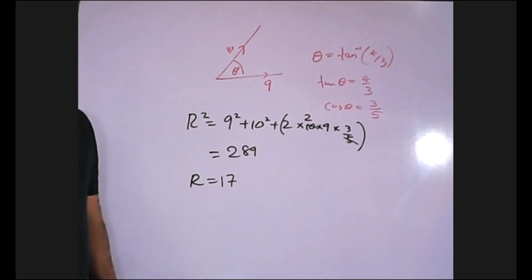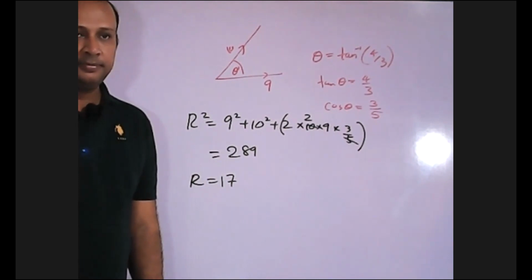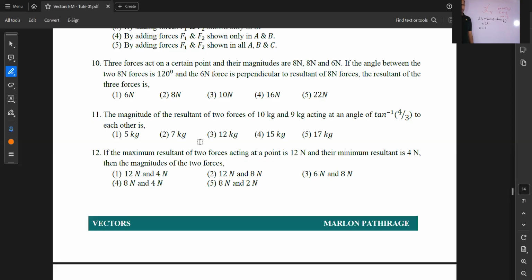Now, 12th question. If the maximum resultant of two forces acting at a point is 12 Newton and their minimum resultant is 4 Newton, find the magnitude of the two forces.